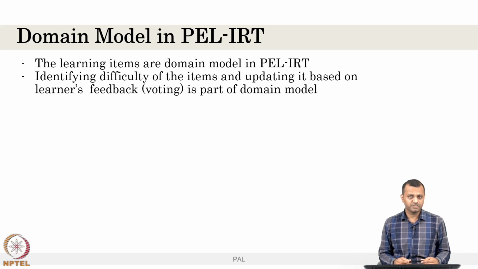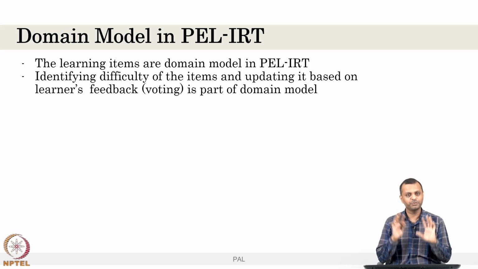The learning items are the domain model in IRT. Also, identifying the difficulty of each learning item and the updated values are part of the domain model. Each item and its difficulty is part of the domain model. The theta we computed is the learner model in IRT.